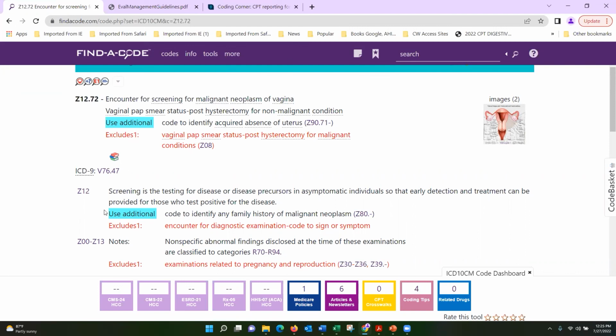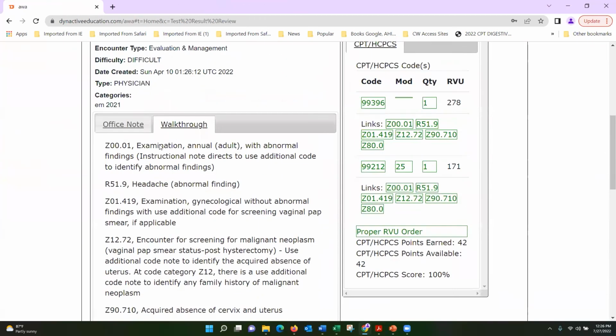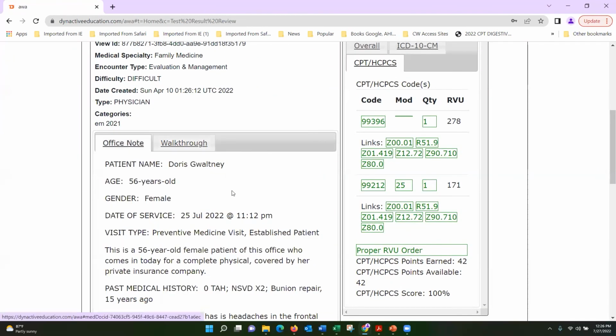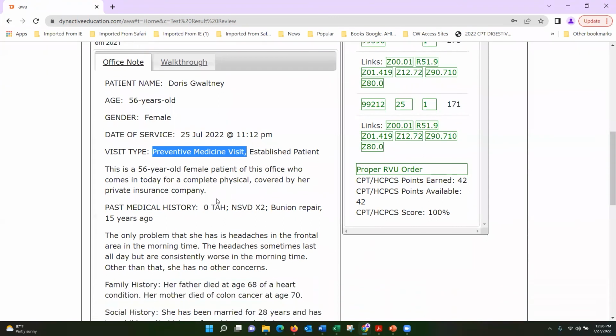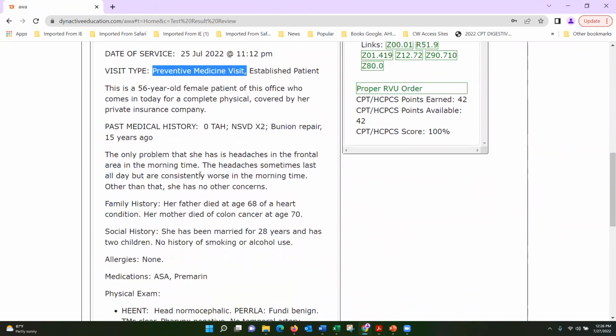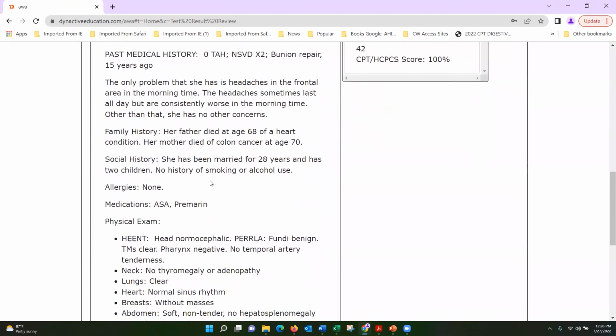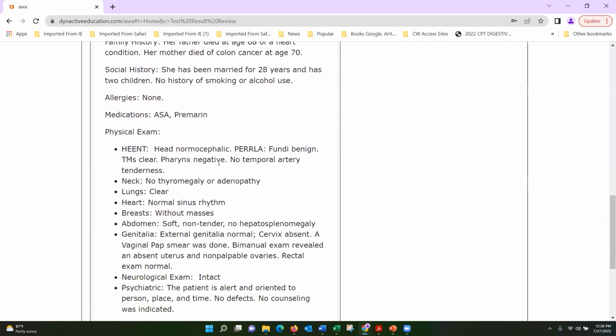Because if you go back and look, this patient's here for a preventive medicine visit. That is a standard diagnosis, a standard requirement for insurance companies. The patient may just desire to come in for preventive medicine. So we've got to capture everything done in our ICD-10 codes.